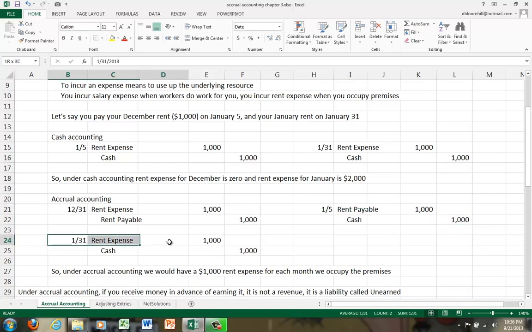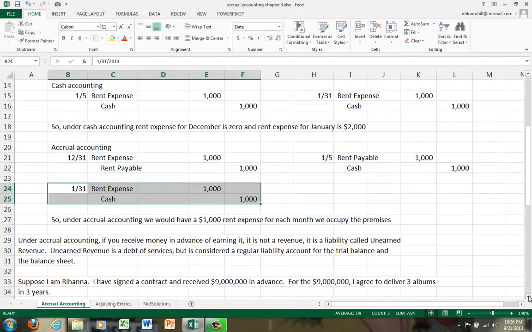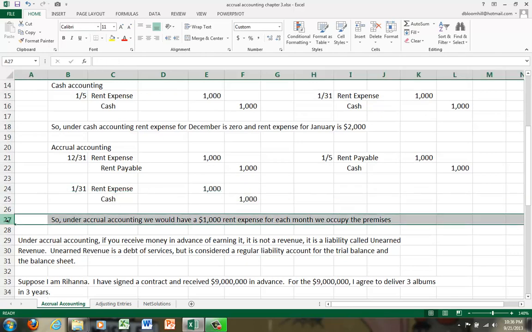Then, on January 31st, paying the rent on time, we would show another $1,000 of rent. So, under accrual accounting, we would have a $1,000 rent expense in December and a $1,000 rent expense in January, even though both were paid during the month of January.